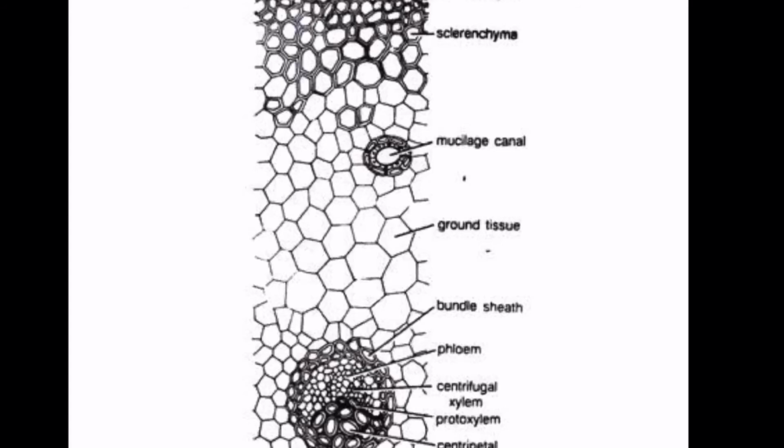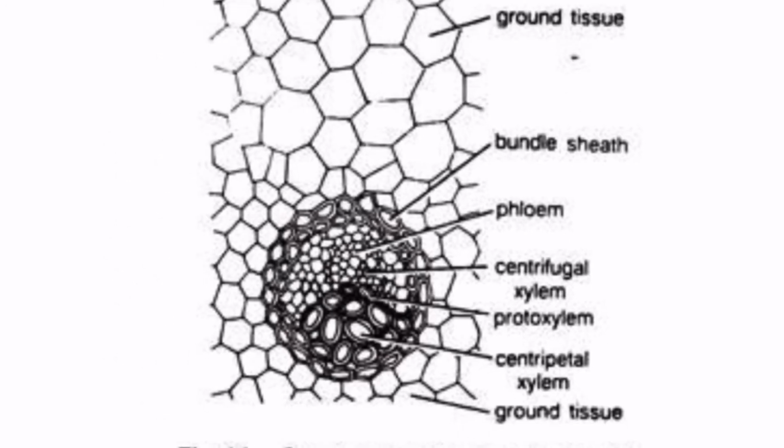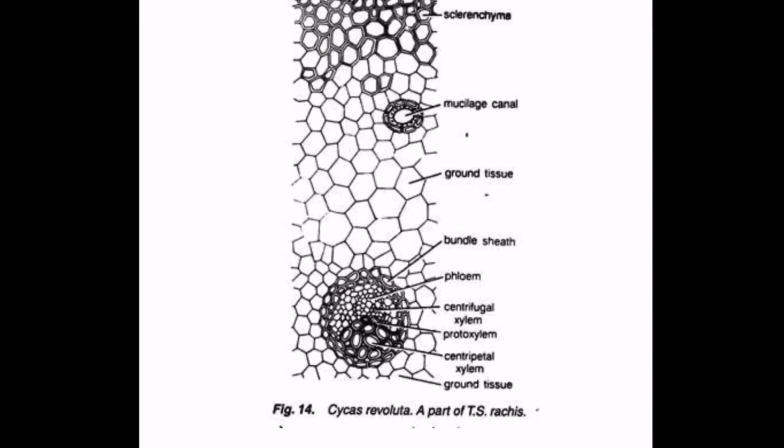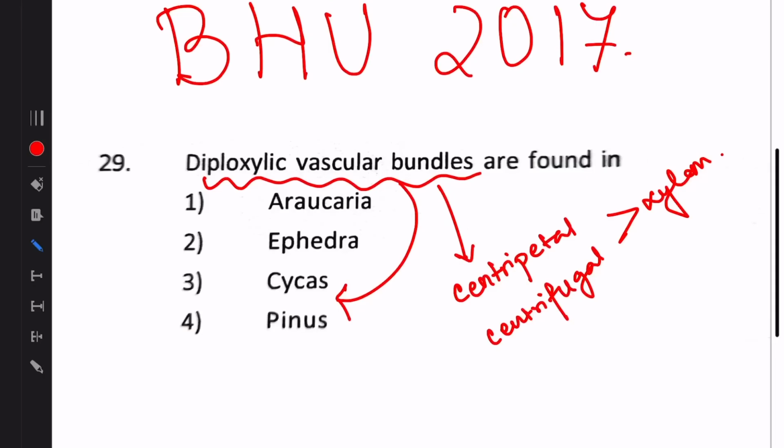We call it rachis. Here we can see that these are the centrifugal xylem, which is surrounding, and here towards the center is another xylem, which we call the centripetal xylem. So when there are two types of xylem present, it's called diploxylic, which is found in the Cycas. So our answer is 3.